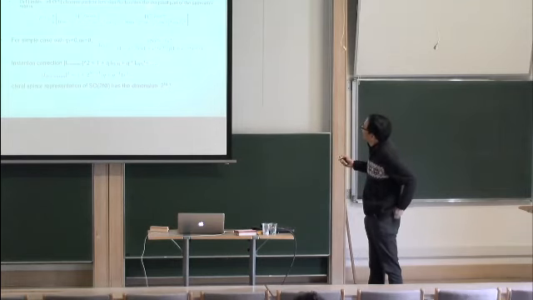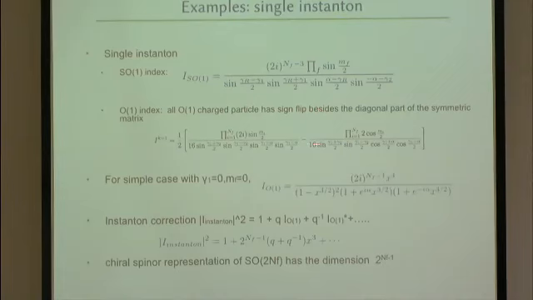By looking at that, one can see some of them have to be averaged over 1 and -1, and some contributions have to change from sine to cosine. So this is the contribution for the O(1) case for single instantons.